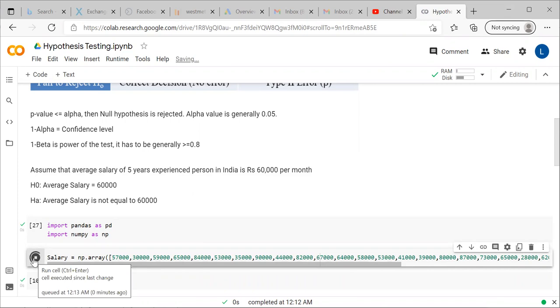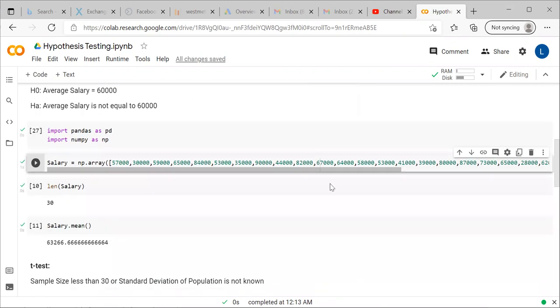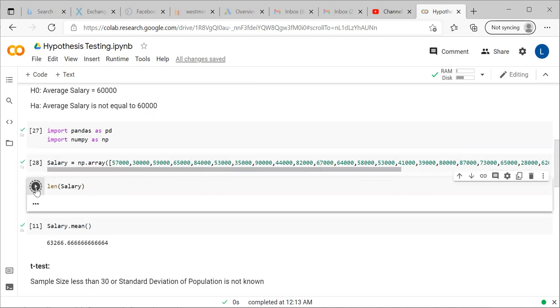You have to fix a sample size and decide. So these are the sample values of salary of each person. Once you execute, you will see there are 30 samples you have taken. So from 30 people, you have asked their salary.